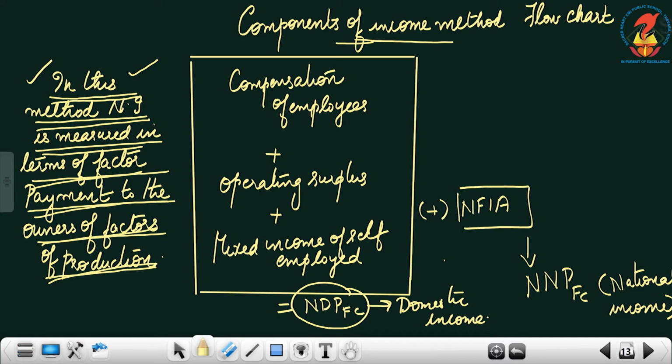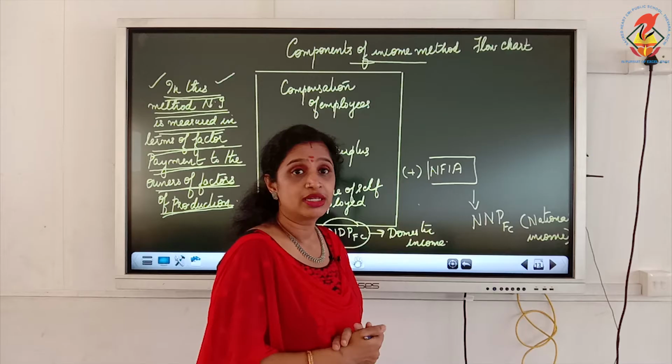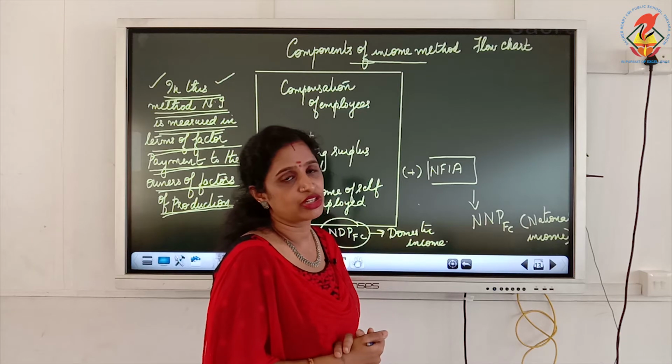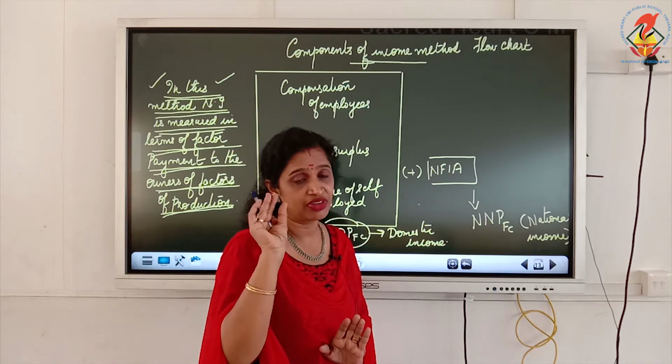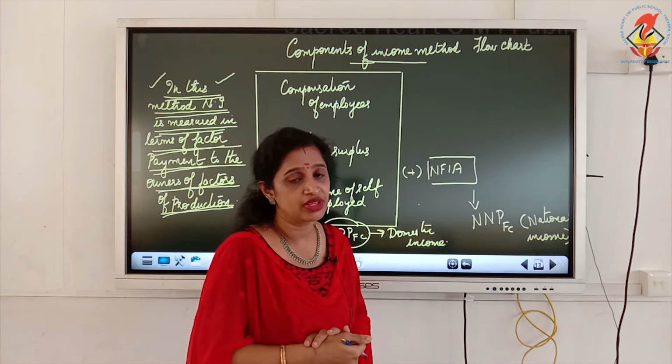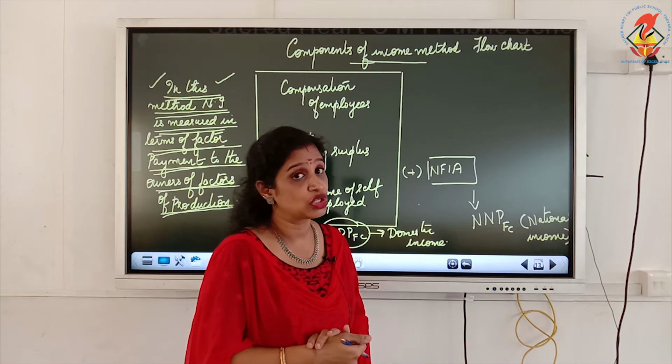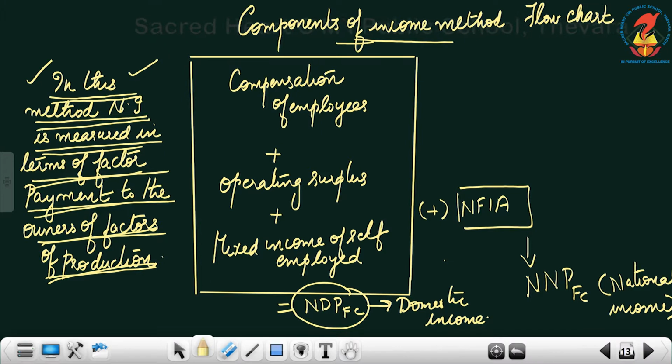Now let us see how do we arrive at the term NDP at factor cost, because in the income method as per the flow chart the first term that we are going to arrive is NDP at factor cost or domestic income. Now how do we arrive at domestic income or NDP at factor cost? NDP at factor cost is compensation of employees plus operating surplus plus mixed income of self-employed.